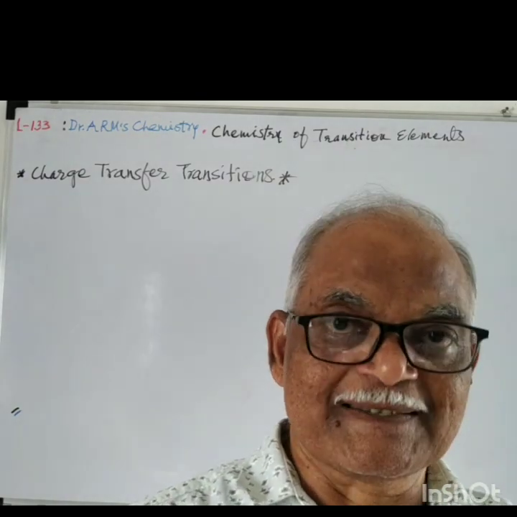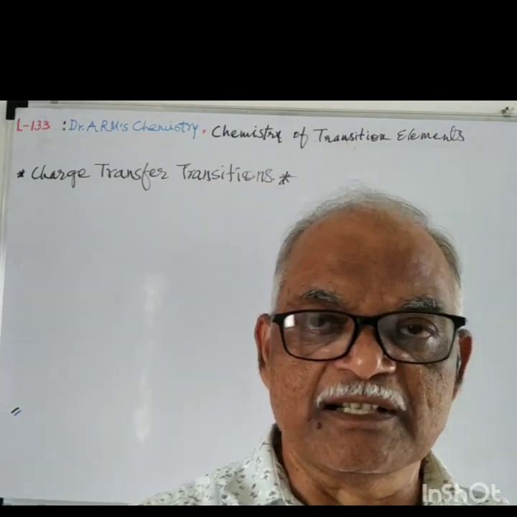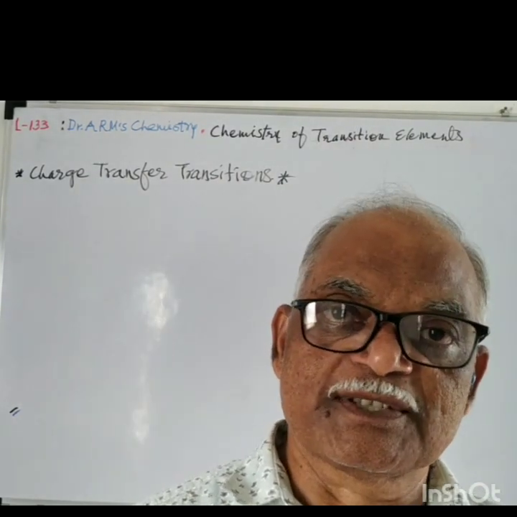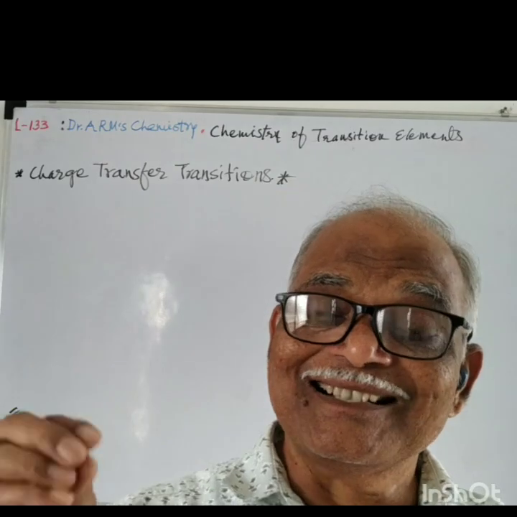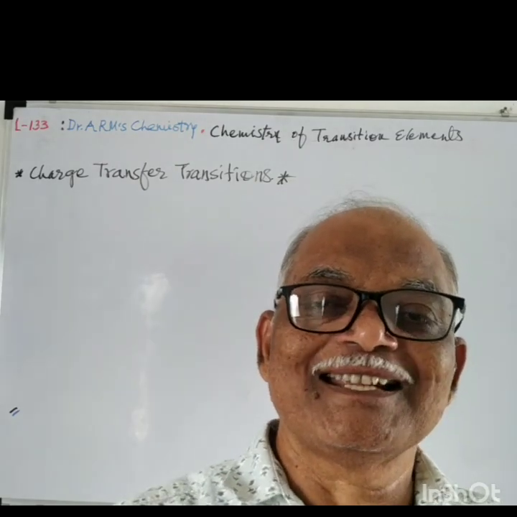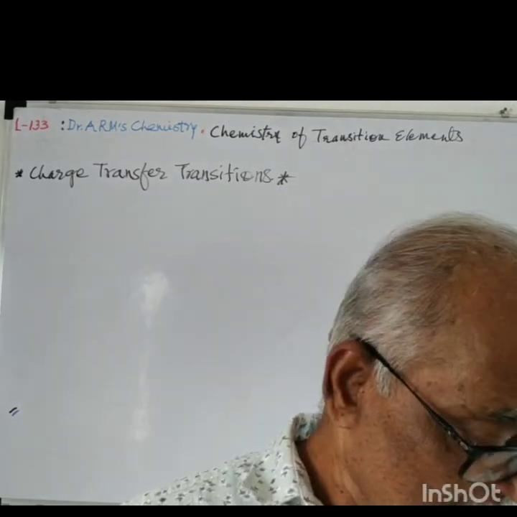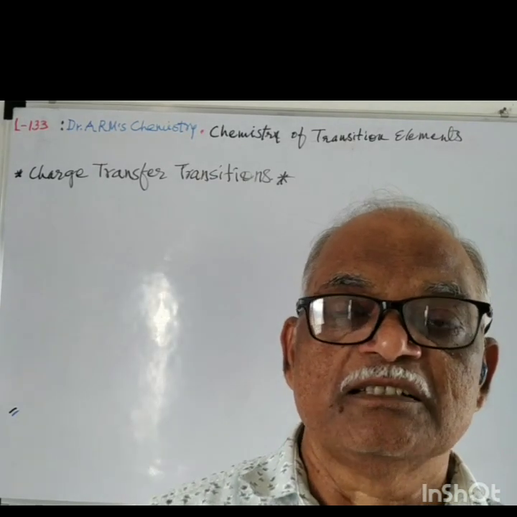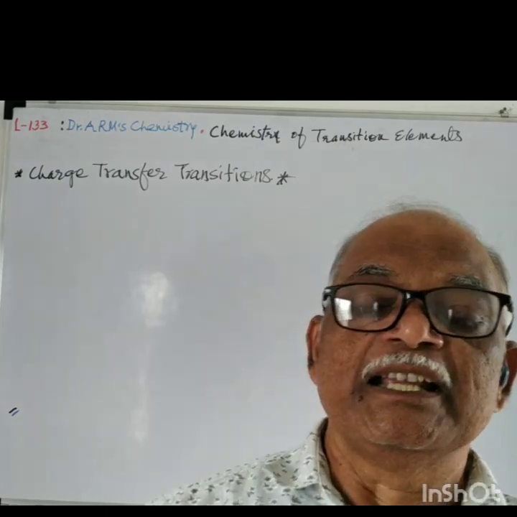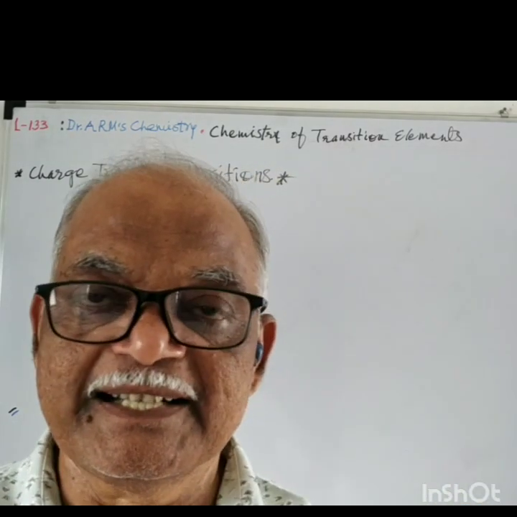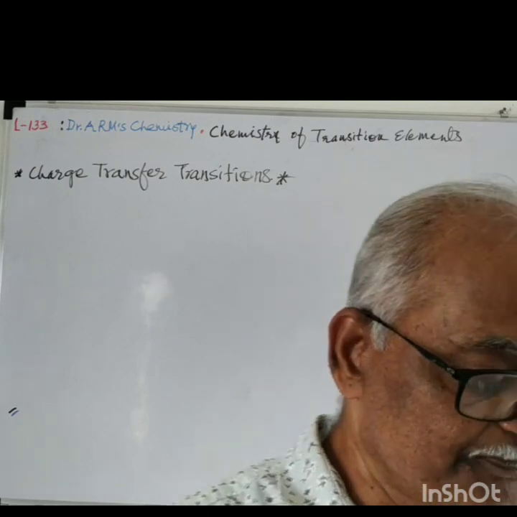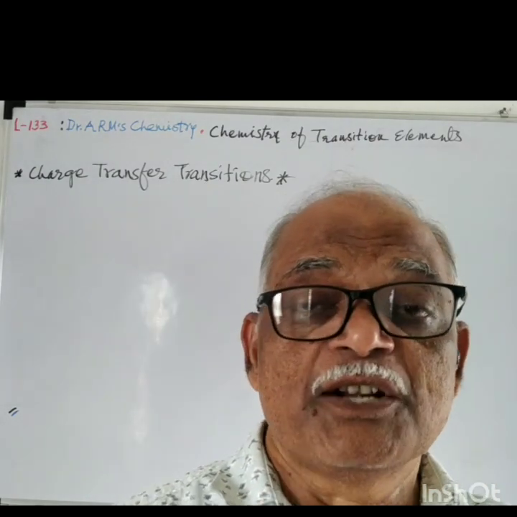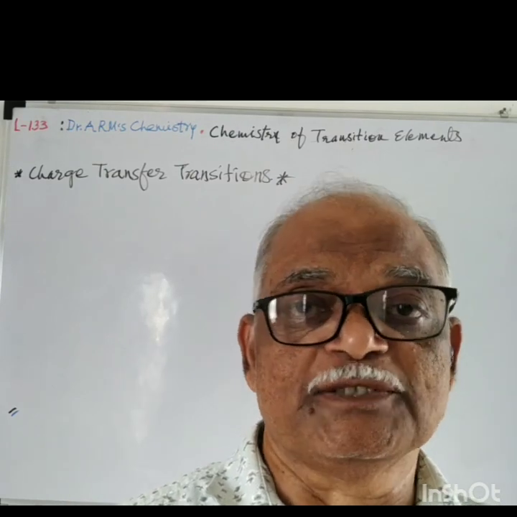In addition to the d-d transitions, there are other types of transitions, but because of those transitions, the charge density does not remain constant. As we have seen, in a d-d transition the charge density in the ground state and in the excited state remains unchanged. So there is no considerable change during a d-d transition.